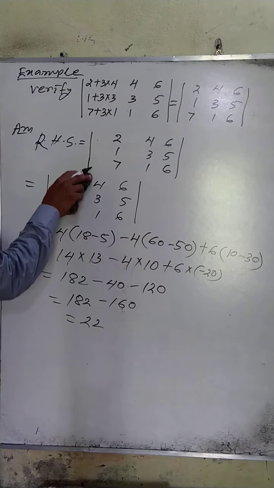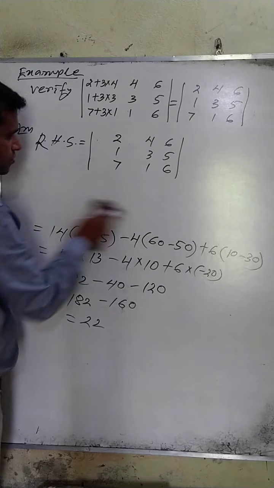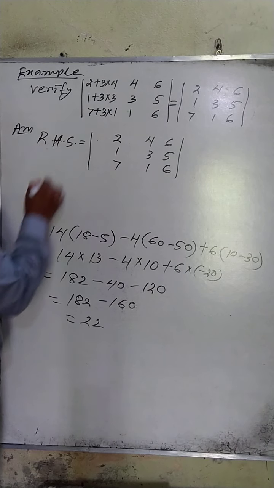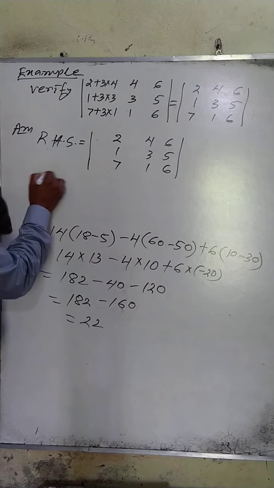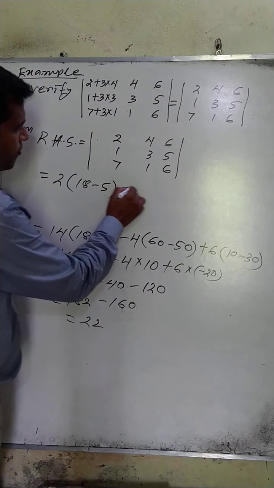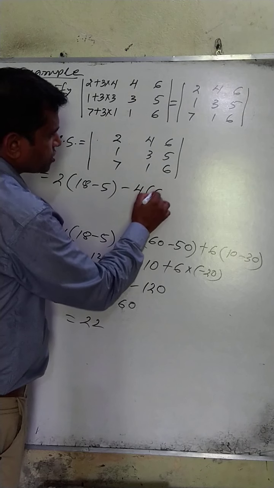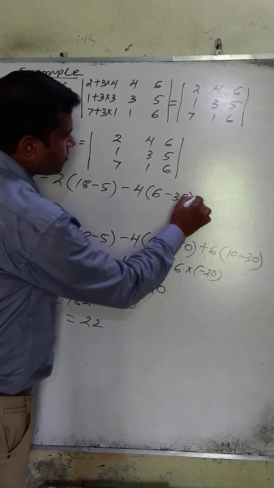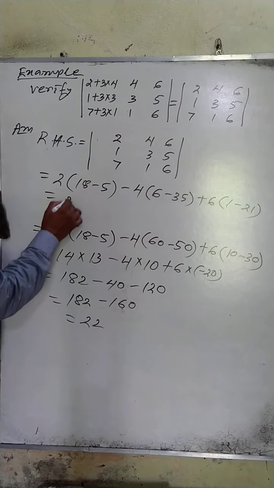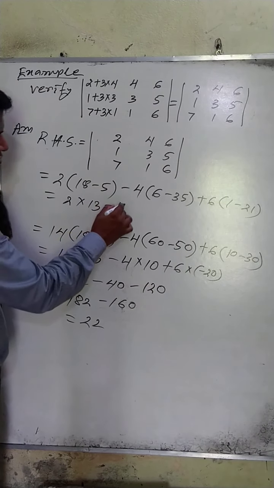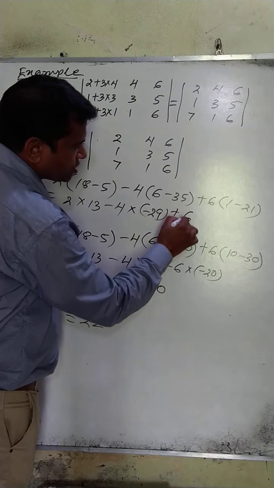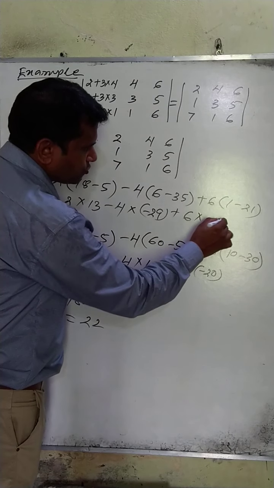Now we expand it. 2 into 18 minus 5, minus 4 into 6 minus 35, plus 6 into 1 minus 21. Okay, 2 into 13 minus 4 into minus 29 plus 6 into minus 20.